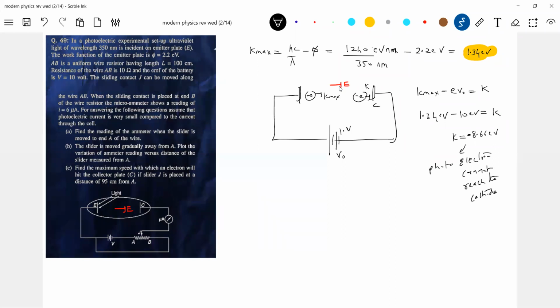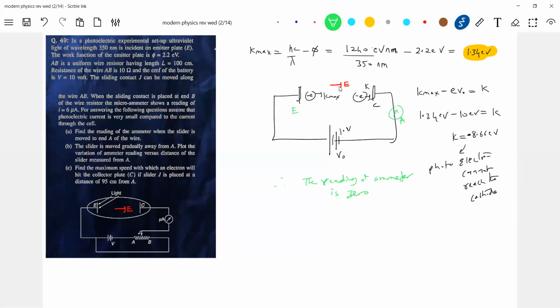So even the maximum kinetic energy electron itself is unable to reach, so what about the other ones? Definitely, it will be 0. No current will flow through the emitter. Okay, fine. So this is the condition.